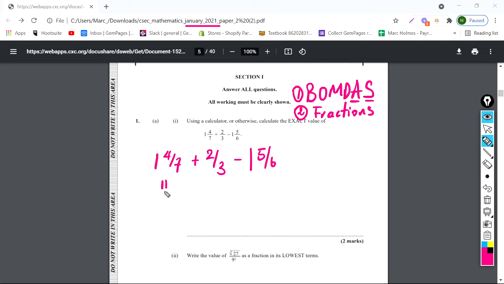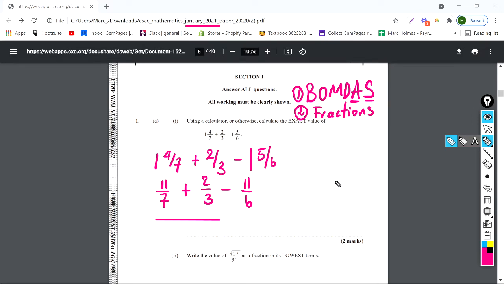So this should be 11 over 7, right? 7 times 1 plus 4 would give us 11 over 7, plus 2 over 3, minus 11 over 6. So the first thing we're going to do, guys, is add 11 over 7 and 2 over 3.